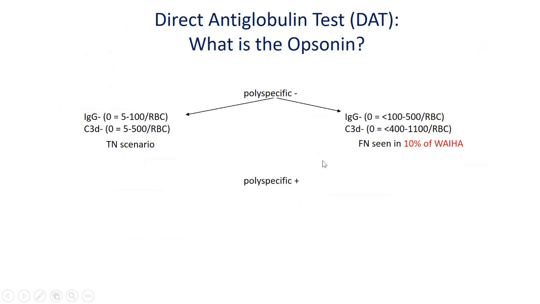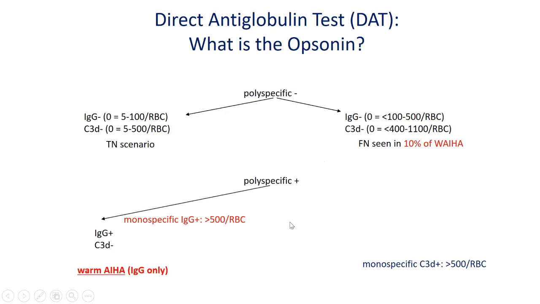Conversely, if your polyspecific Coombs is positive, we then pull out our monospecific reagents to resolve whether this was due to IgG or complement or both. If it's only IgG on the red cell surface, then that is typical for a warm active hemolysis, such as autoimmune hemolytic anemia or an IgG-based DHTR.